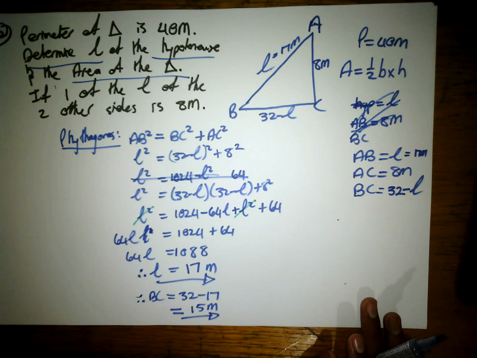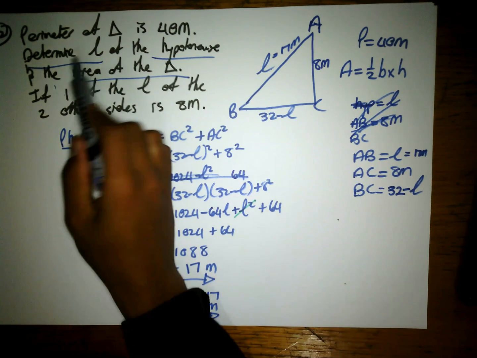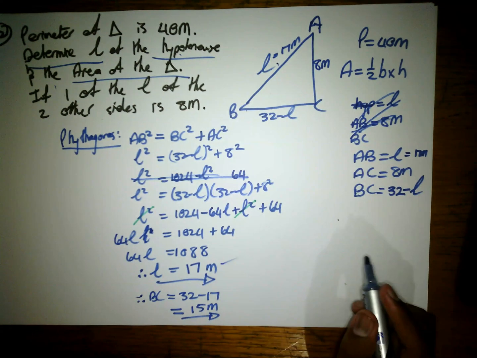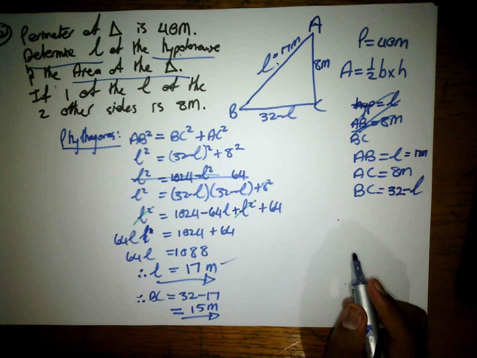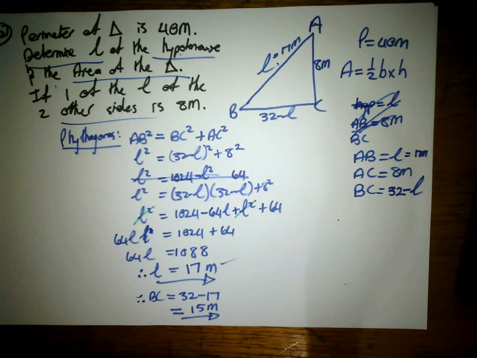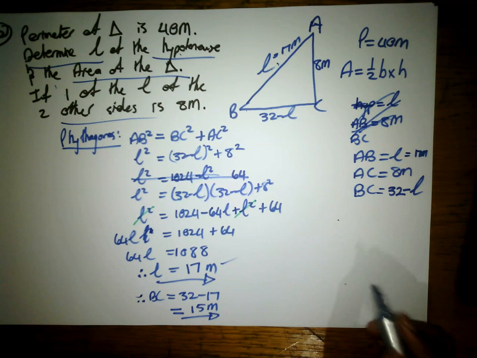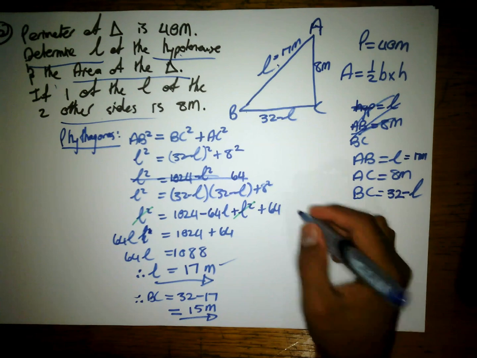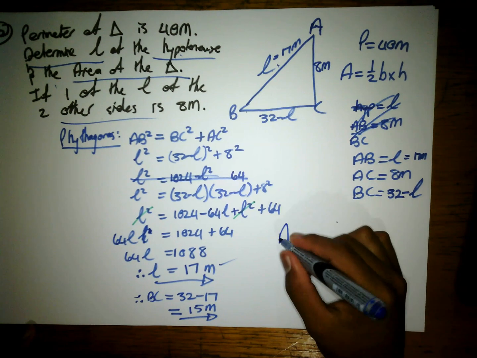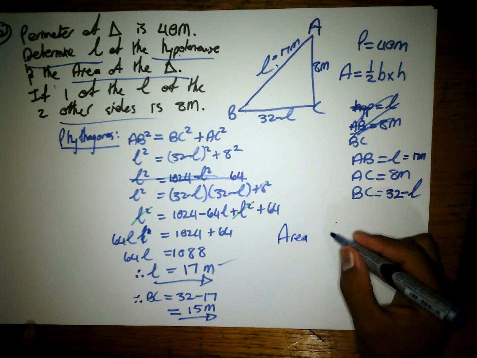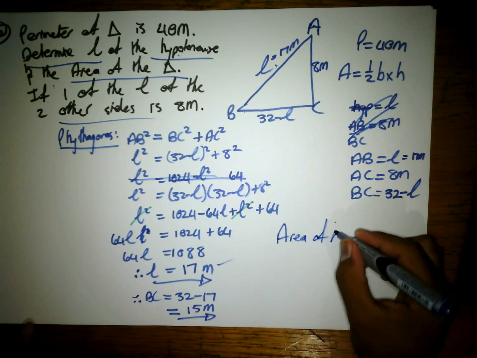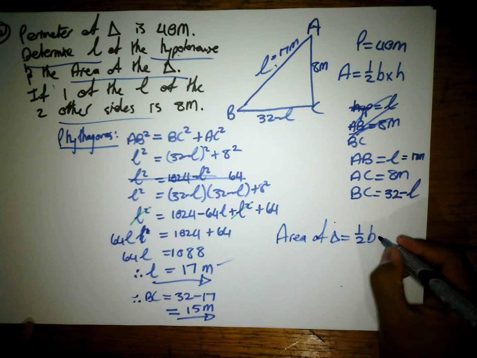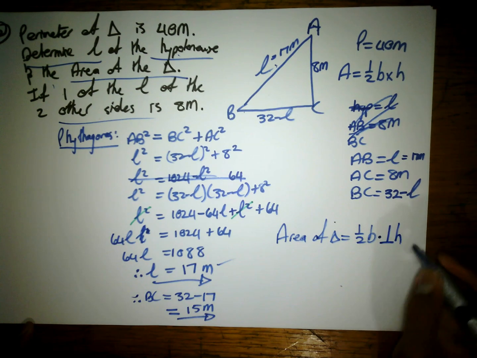So, they asked us to determine the length of the hypotenuse. 17. We got it. We got the other side, even though they didn't ask for it. What we got to do now is get the area. The area of a triangle is half base times its perpendicular height.